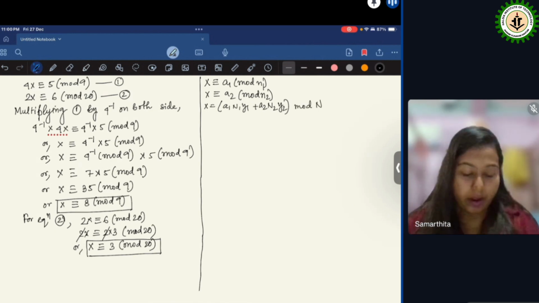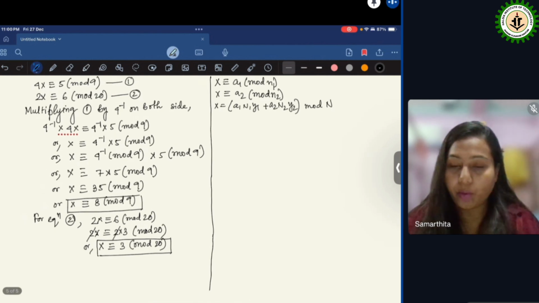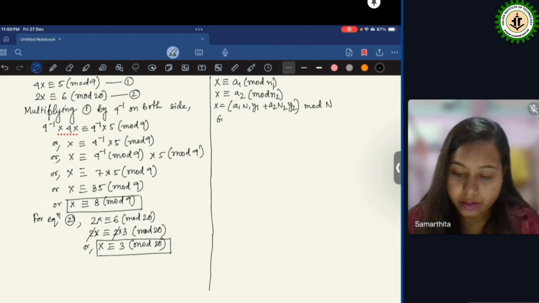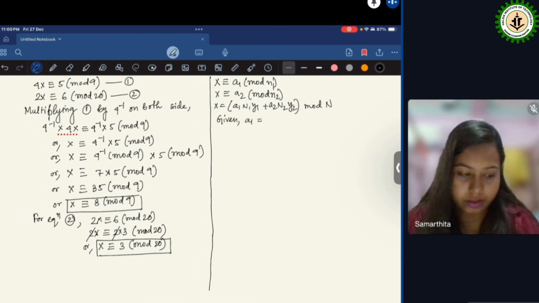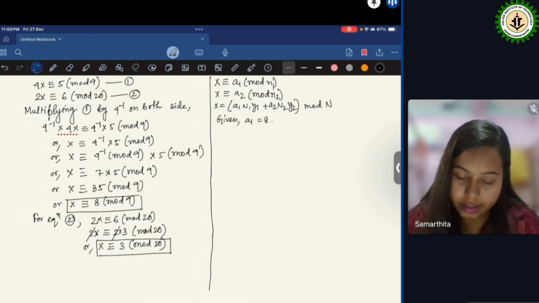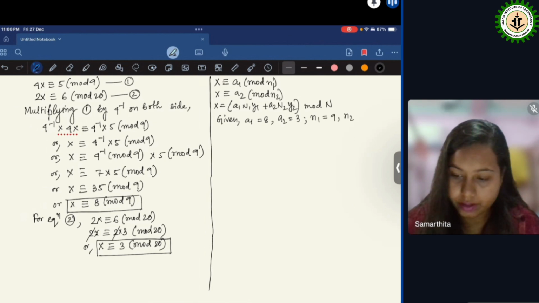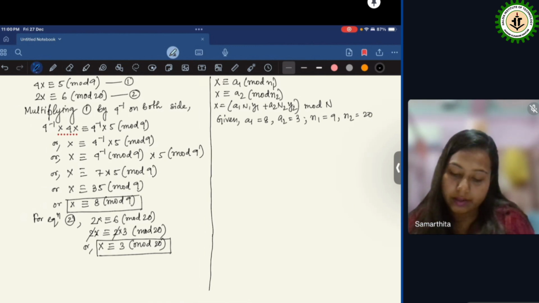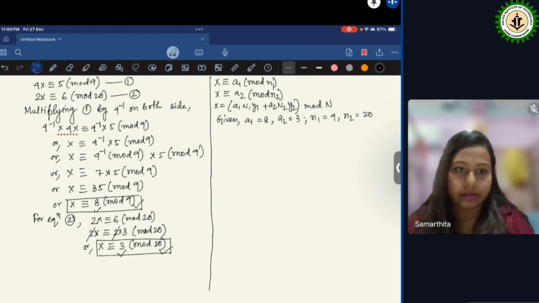Okay, so now if we compare these two, we'll be having given a1 equals 8, a2 equals 3, n1 equals 9, n2 equals 20, right? See, 8, 3 and 9, 20.